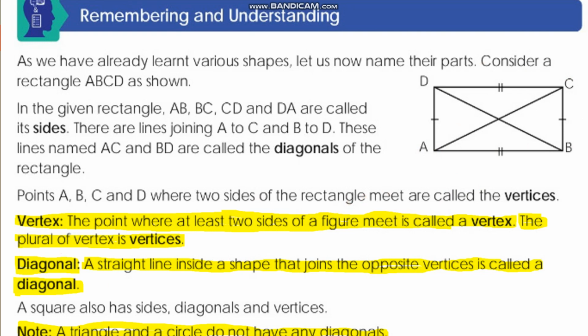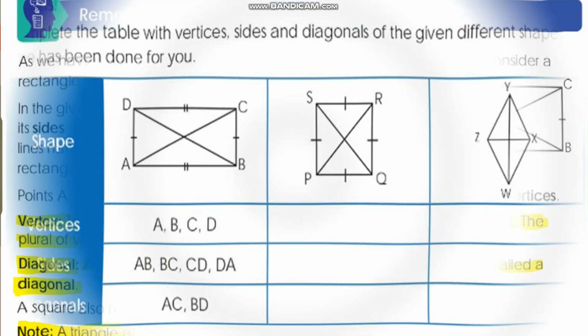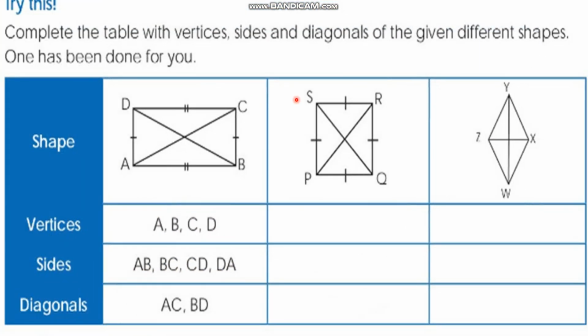Okay children, now let's check how to answer these questions. Try this. Complete the table with vertices, sides and diagonals of the given different shapes. One has been done for you. Okay, my dear, so we learned about vertices, sides and diagonals, and we know how to name these all, isn't it?